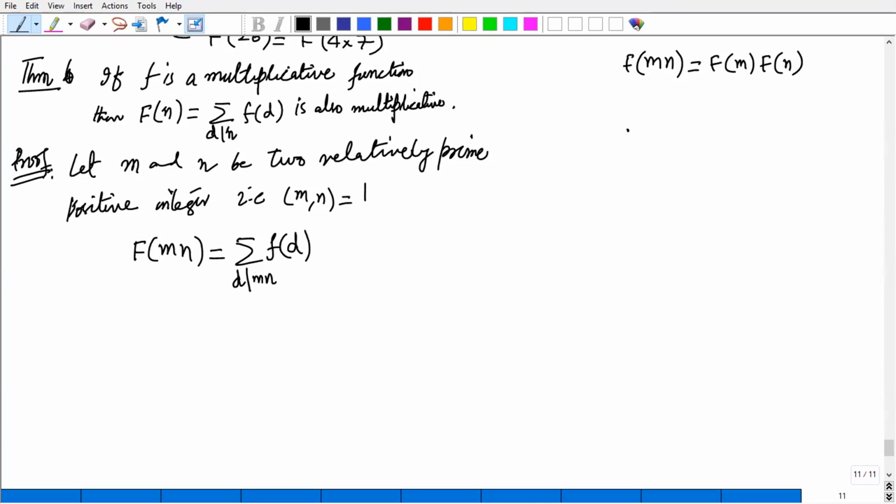For example, divisors of m are d1 and divisors of n are d2.